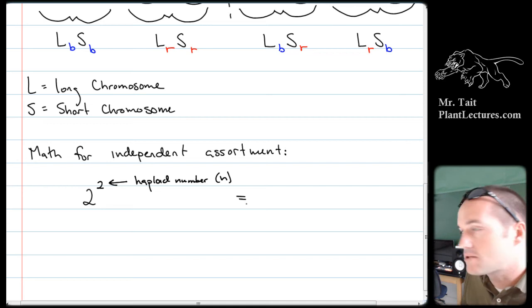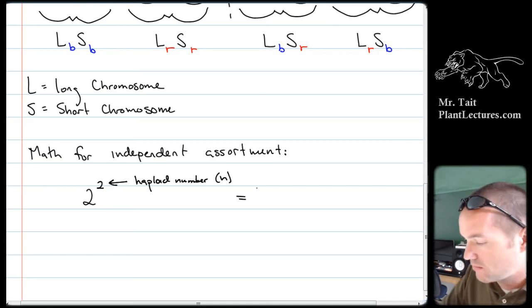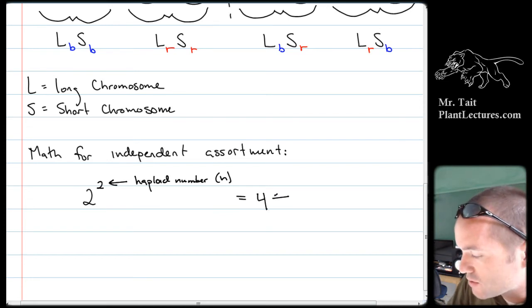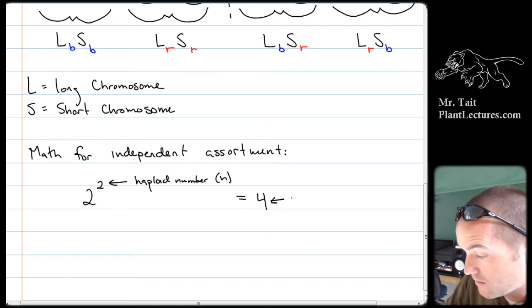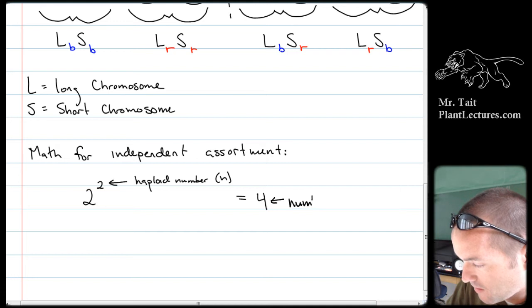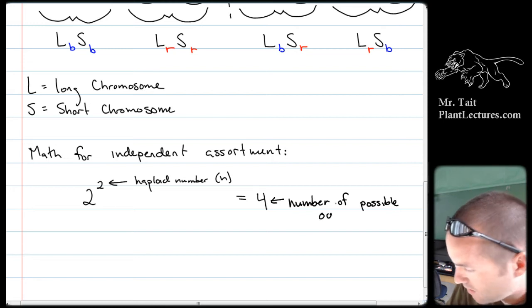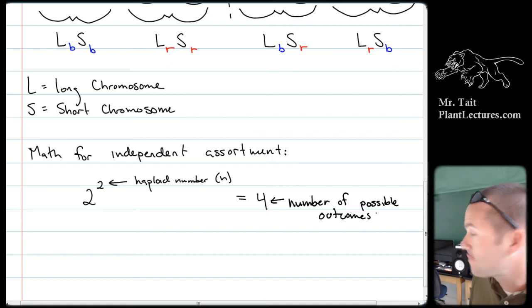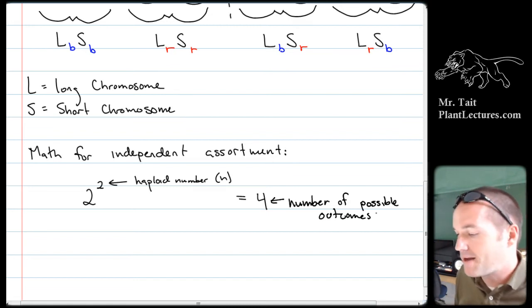That's then going to equal 2 to the 2. What's 2 to the 2? 4. Okay? And 4 then is equal to the number of possible outcomes. So if the haploid number is 2, then the number of possible outcomes is 4.